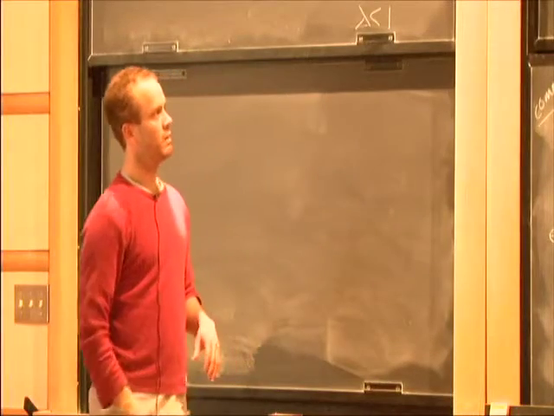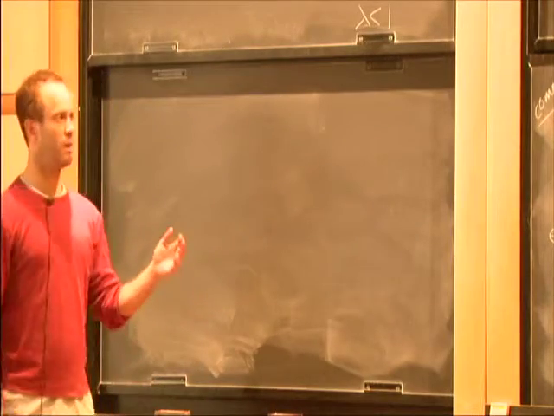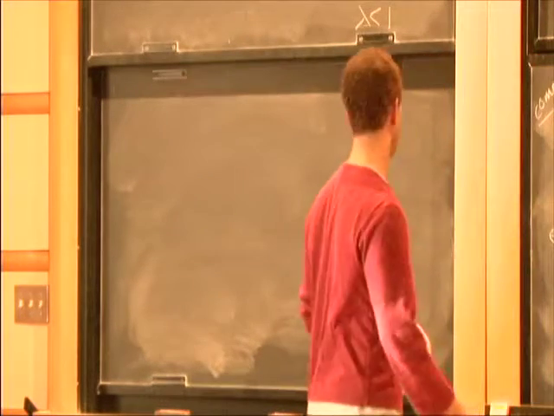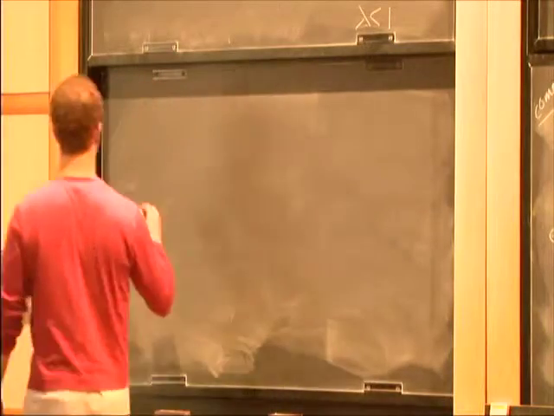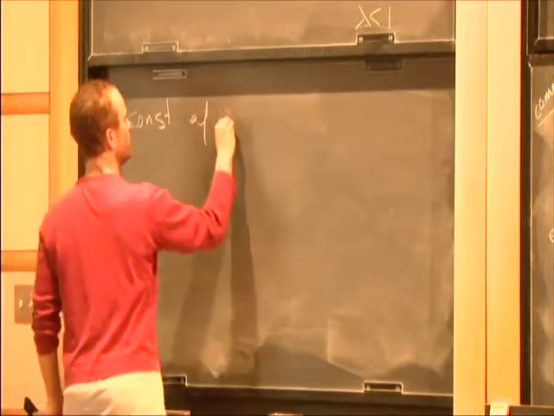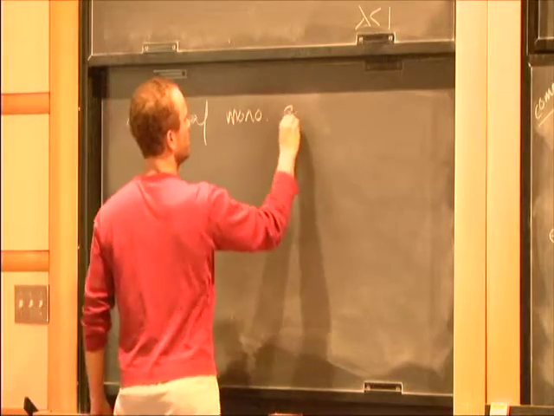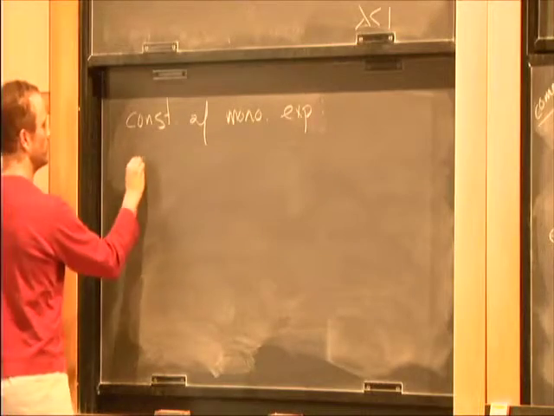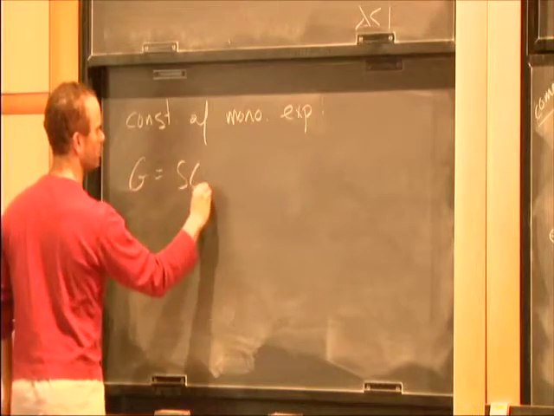And now I'll explain how. So yes, there is a Schreier diagram that is very similar to the second construction. So now the construction of a monotone expander. G will be SL2R.